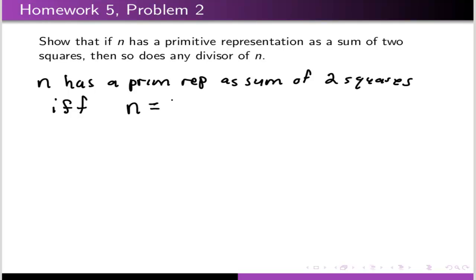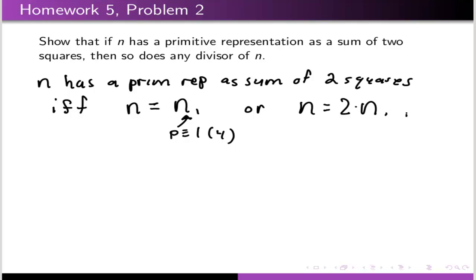N is just equal to n1, a product of primes congruent to 1 mod 4, or n equals 2 times n1. So just use that theorem.